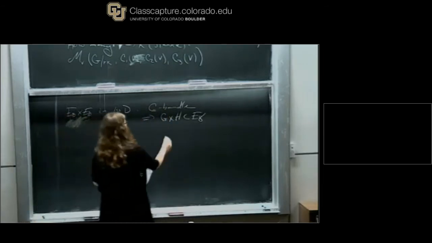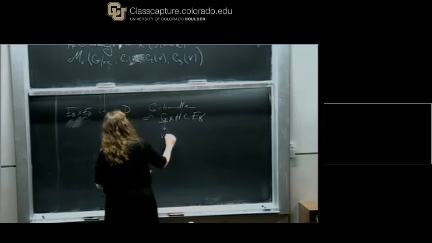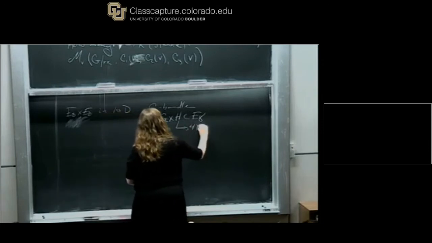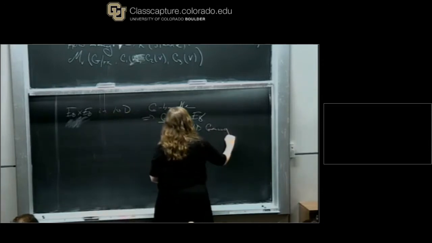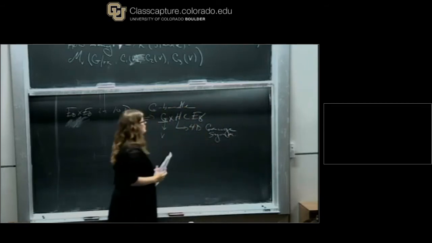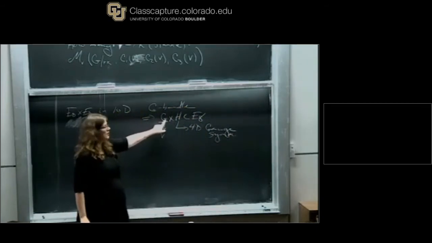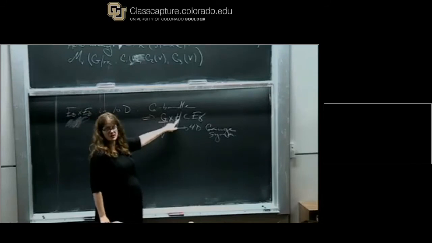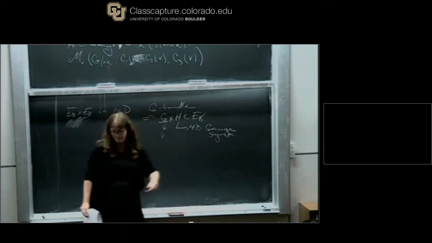If G is the bundle, this guy is associated to V, this will be my 4D gauge symmetry. This is nothing deep. I'm just saying if you turn on a VEV in a subgroup of E8 that's valued in G, the commutant of G inside E8 is everything that's unbroken, right? Everything that commutes with this is what you get left over in 4D.